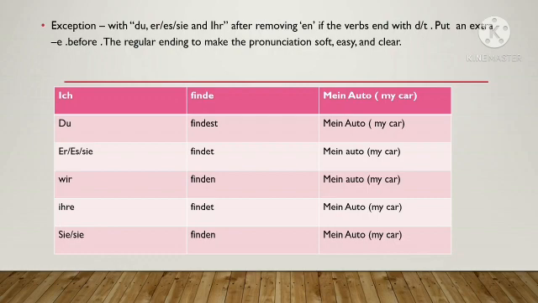I already told you that 90% of verbs end with en. But after removing en, if the verb ends with d or t, then you have to put an extra e before the regular ending.